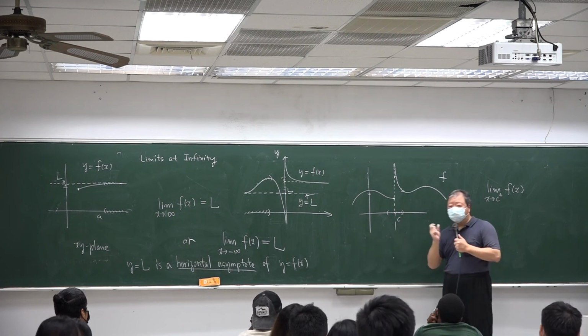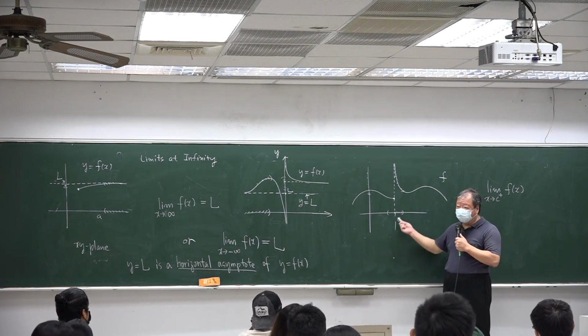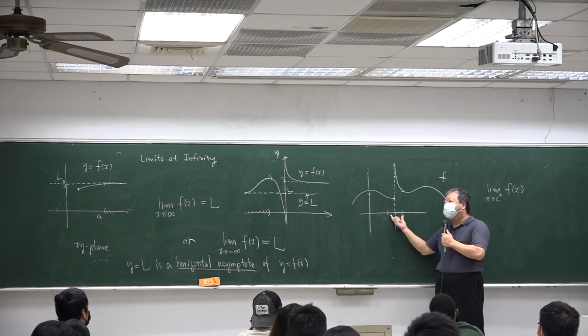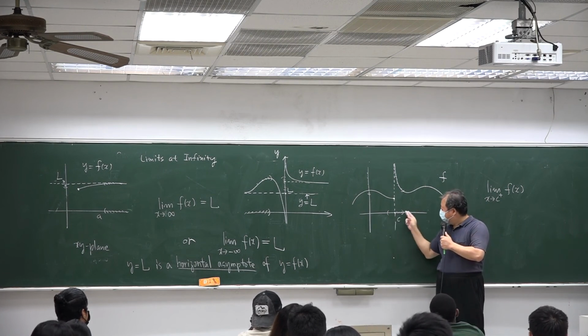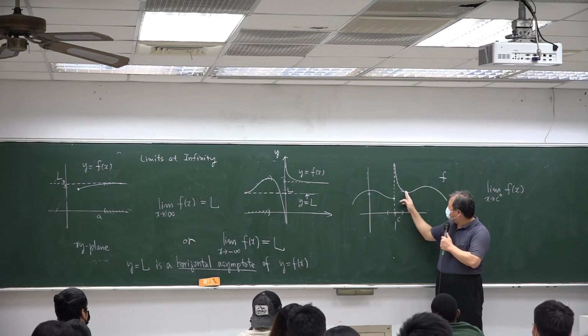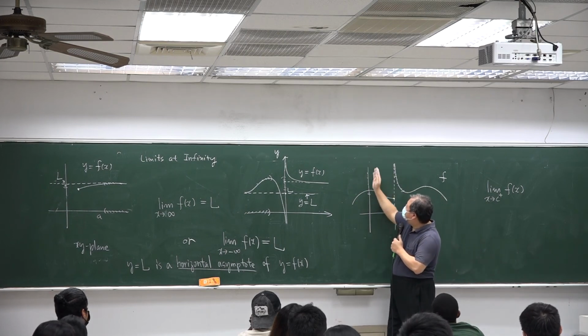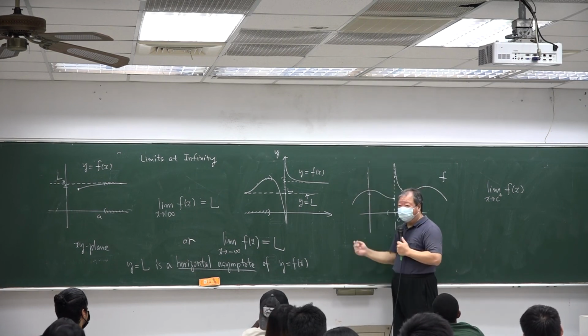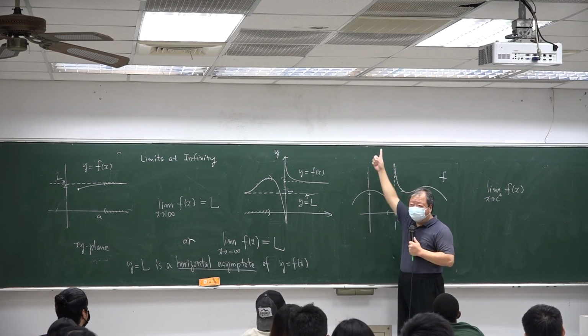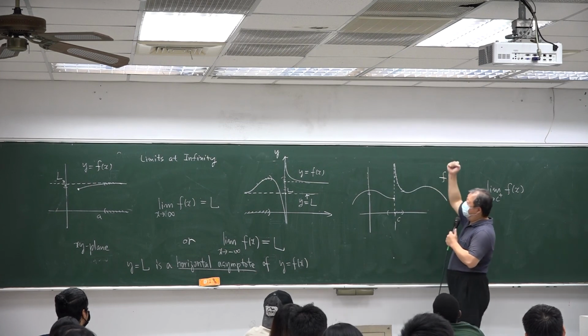Here, if we consider a smaller neighborhood of c, this interval shrinks smaller and smaller, and the function goes far away from the origin, up to the sky.